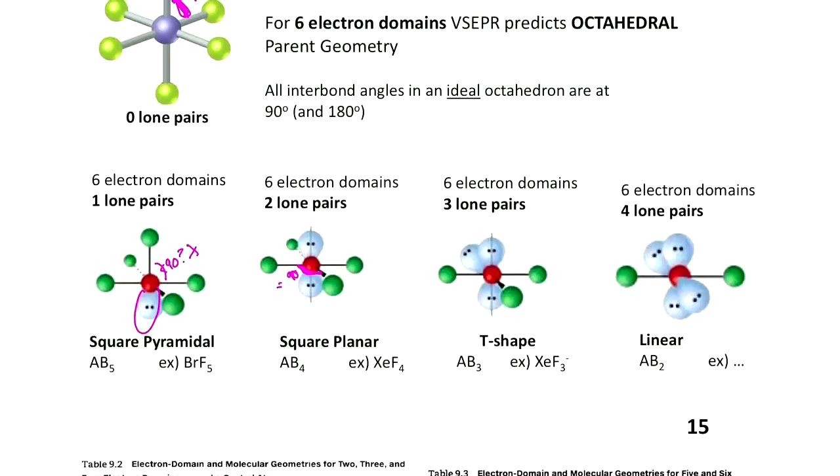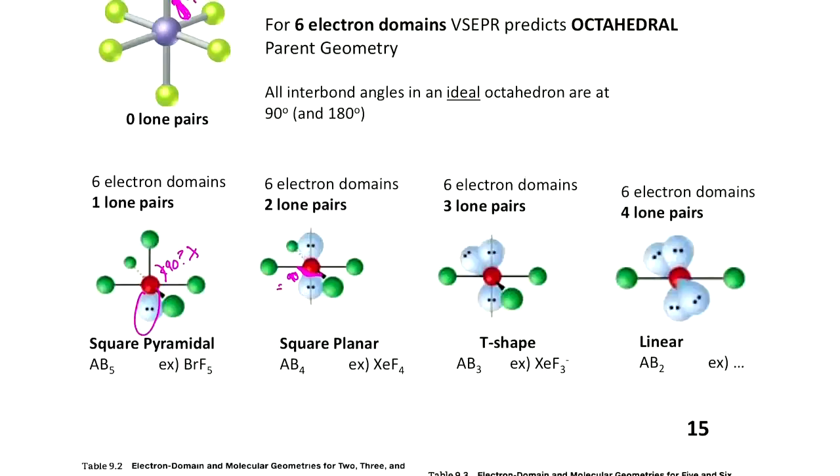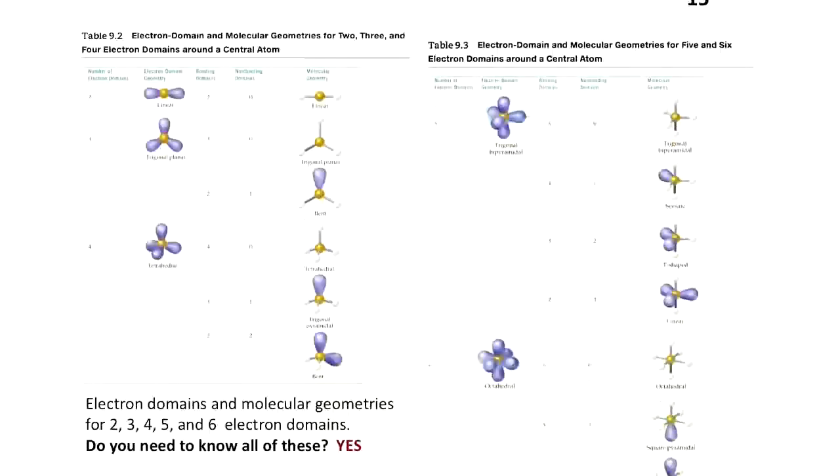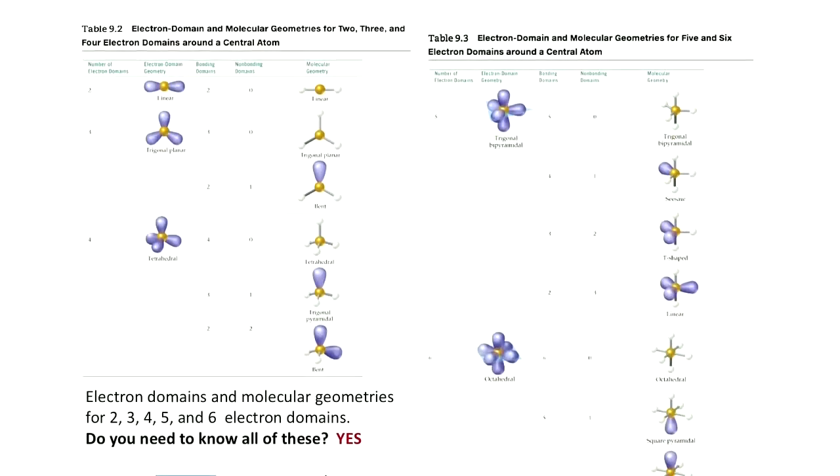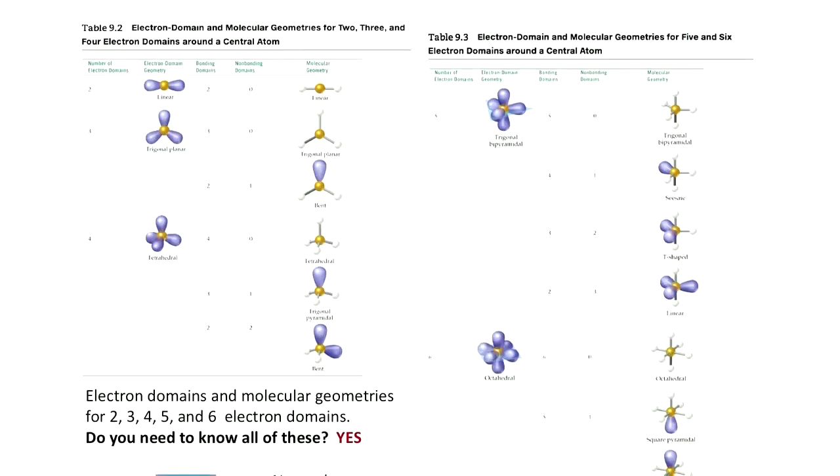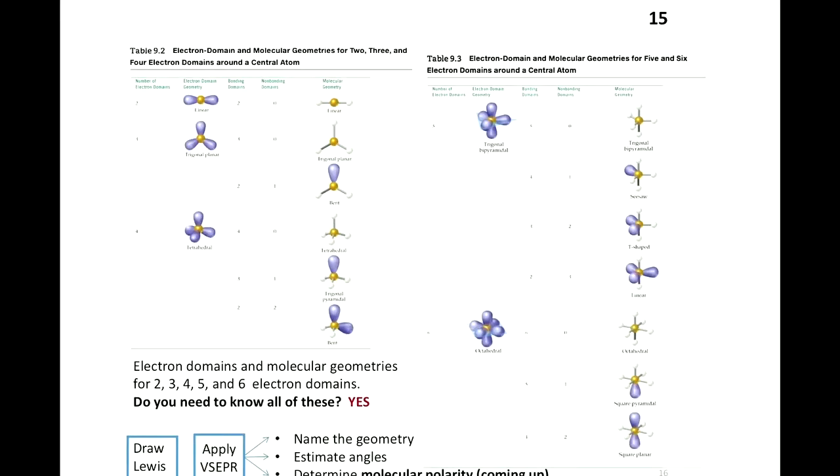Once we have polar bonds on a molecule, they exist in 3 dimensions, and we can tell whether a molecule is polar or not by understanding that these bonds exist as vectors as well with their bond polarities. Just to overview, yes, you do need to know all the shapes, names, and all the bond angles for all of these different parent geometries, plus their lone pairs.